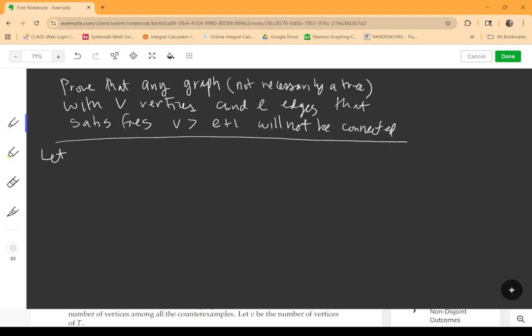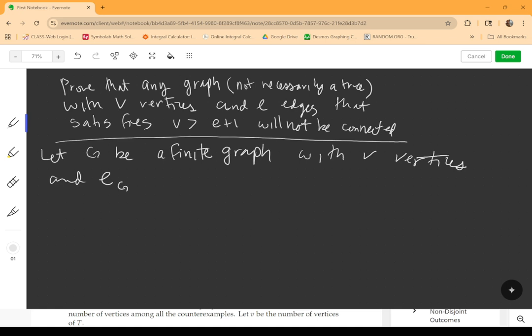So again, I'm going to start with letting G be a finite graph with V vertices and E sub G edges. I'm going to approach this by proving the contrapositive, which we know is logically equivalent to our statement.